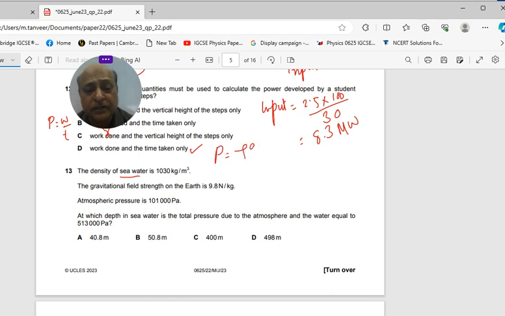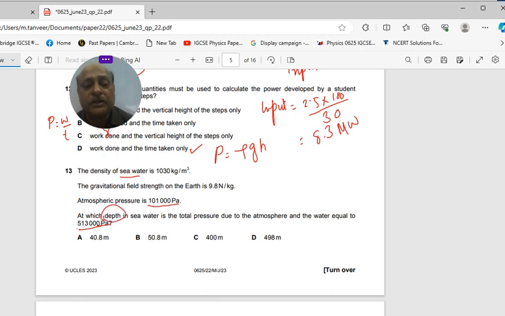It depends upon three factors: density, value of g, and height. Atmospheric pressure: we are living under a sea of air. Air is exerting pressure everywhere, on every object. That is called atmospheric pressure, and it is given. And total pressure which is exerting at the depth is 513,000. You have to find the depth, that means h.